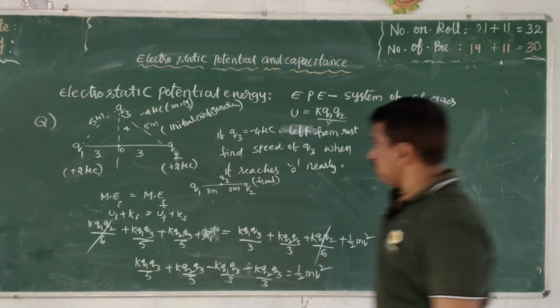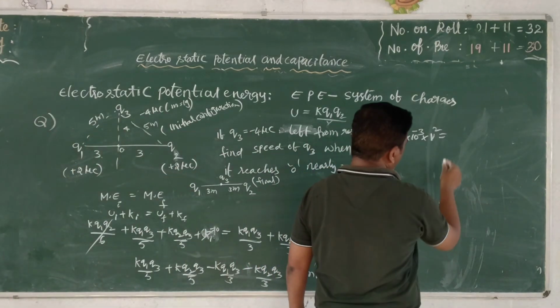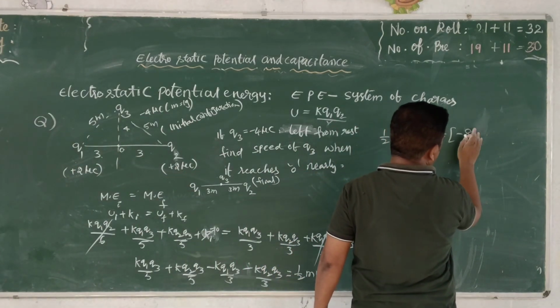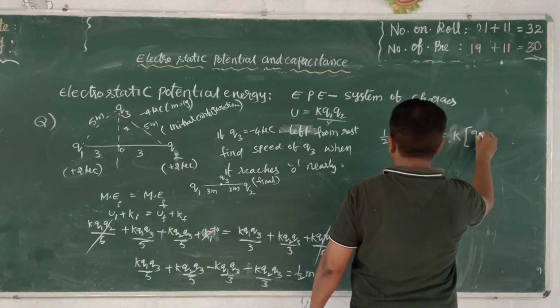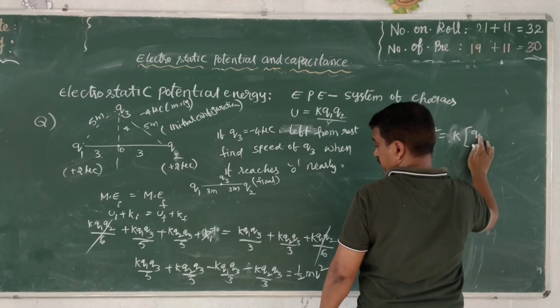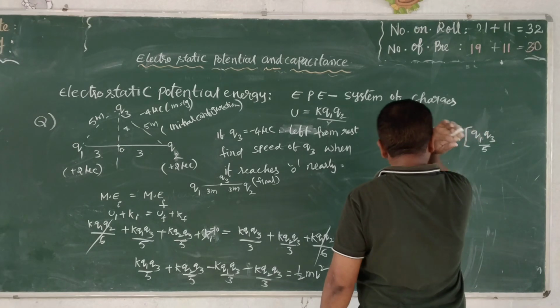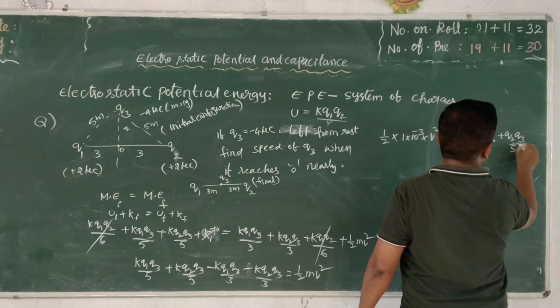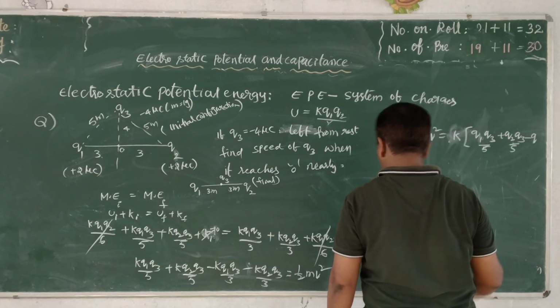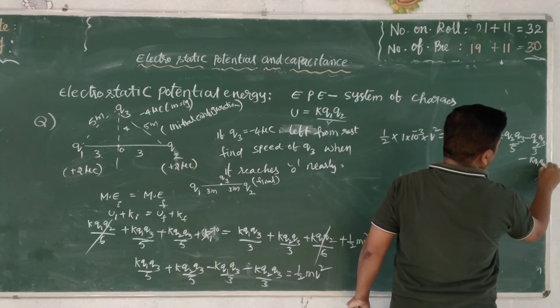Here k is common, so we write k common, later q1 q3 by 5 plus q2 q3 by 5 minus q2 q3 by 3 minus q1 q3 by 3.